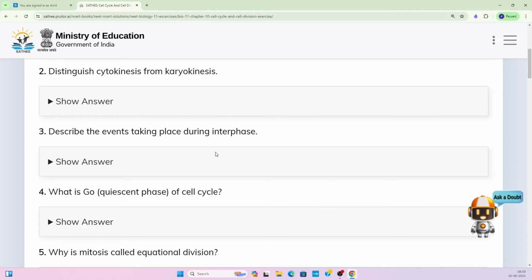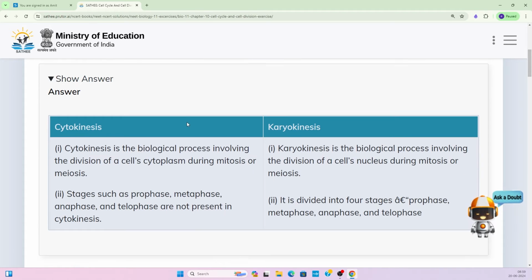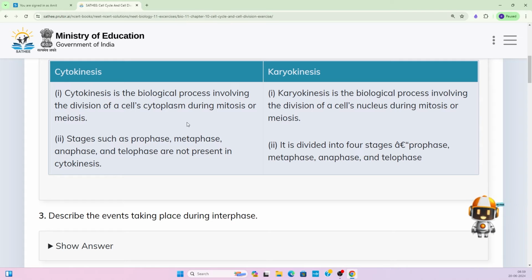Distinguish cytokinesis and karyokinesis. Two types of divisions are there, and we have to tell what cytokinesis is and what karyokinesis is. Cytokinesis is the biological process involving the division of the cell cytoplasm during mitosis or meiosis.